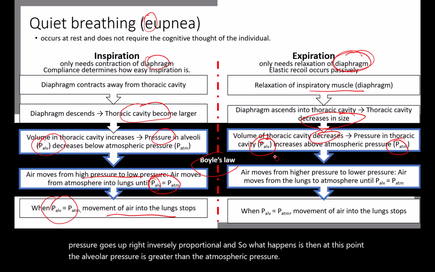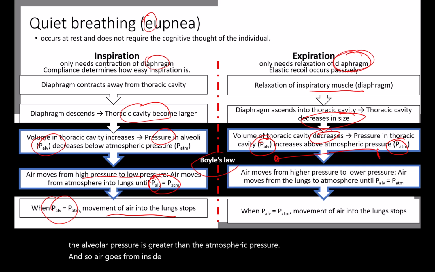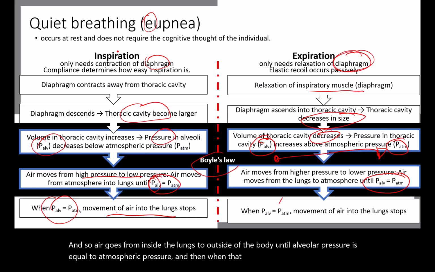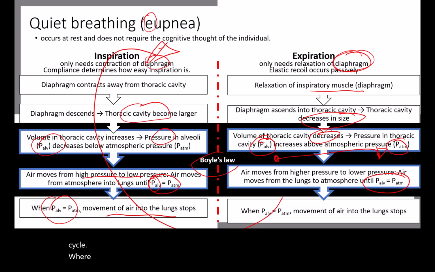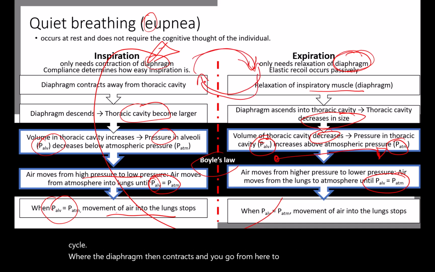And so air goes from inside the lungs to outside of the body until alveolar pressure is equal to atmospheric pressure. And then when that happens, you get another cycle where the diaphragm contracts and you go from here to there to here to there, right? And that's a respiratory cycle.